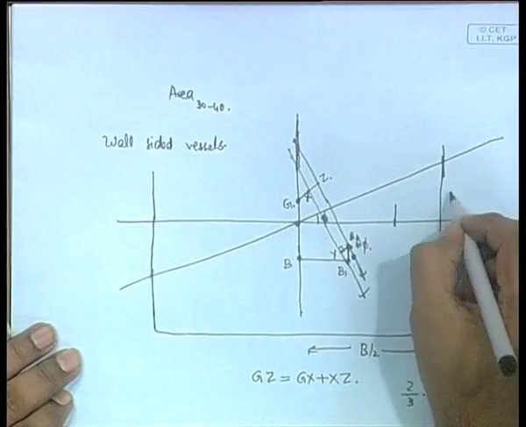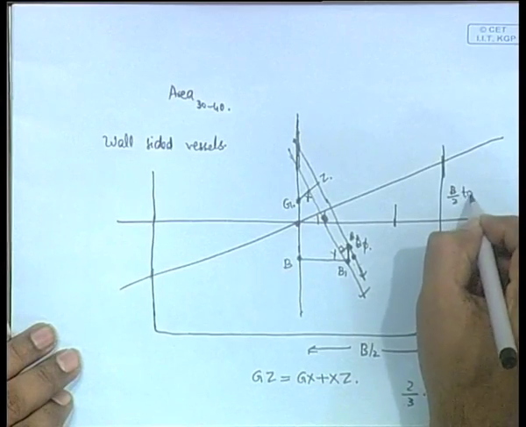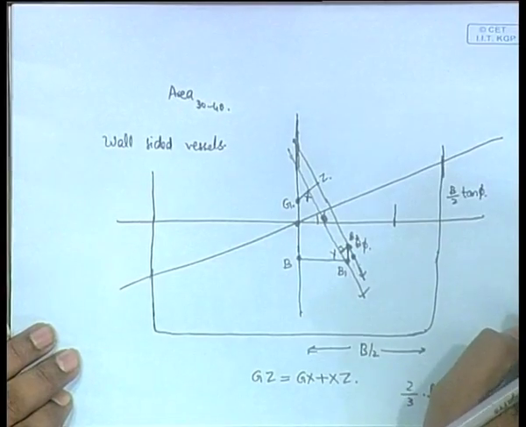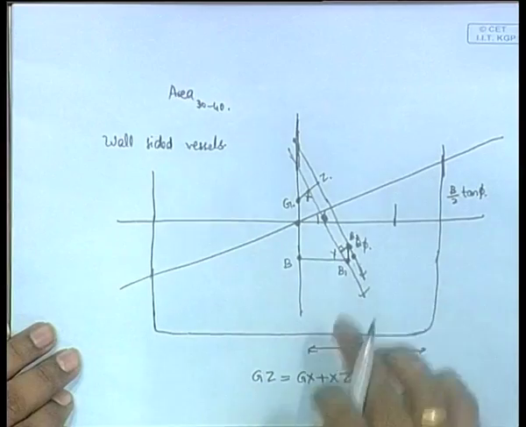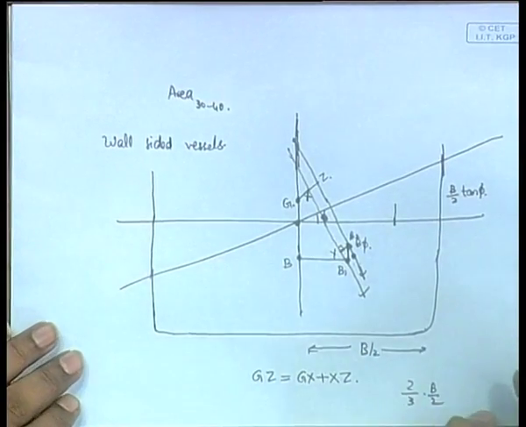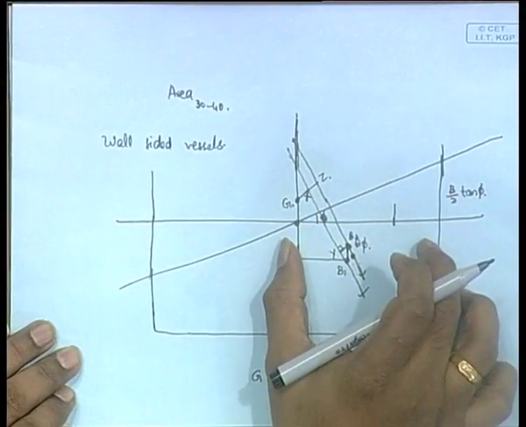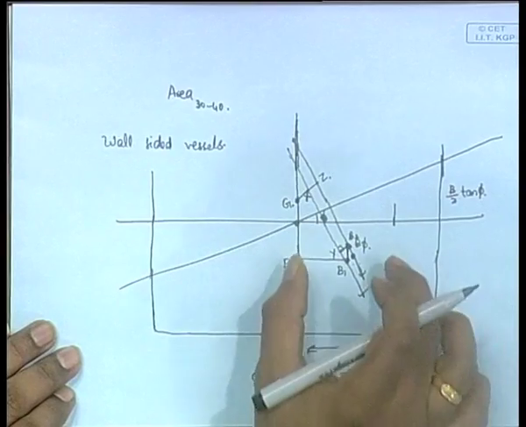So this is equal to b by 2 tan phi. I am just writing the dimensions because there is no need to repeat it. Here there will be a b by 2 tan phi, and this is b by 2.